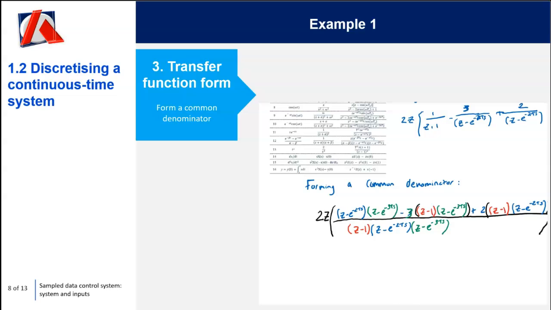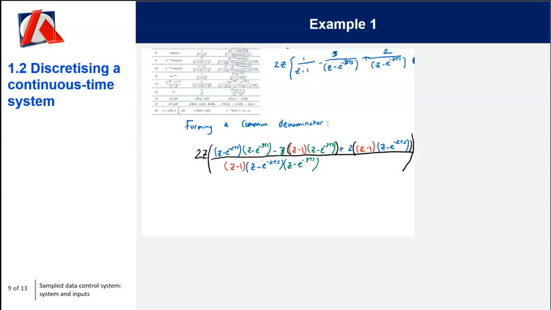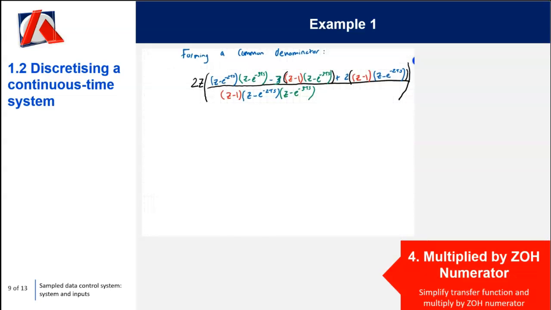So the final step then is to simplify the transfer function first of all, and then multiply by the zero-order hold numerator. So just recall that when you multiply 2 exponential terms, so e to the n, multiply e to the m, that equals e to the n plus m.